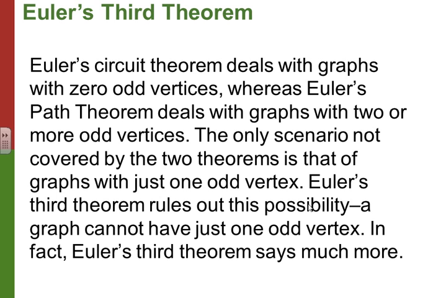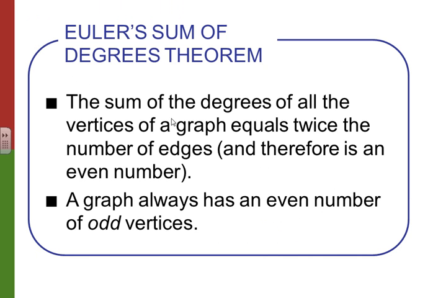Now, what if I just have 1 odd vertex? The sum of the degrees of all the vertices of a graph equals twice the number of edges, and therefore it is an even number. The graph always has an even number of odd vertices.